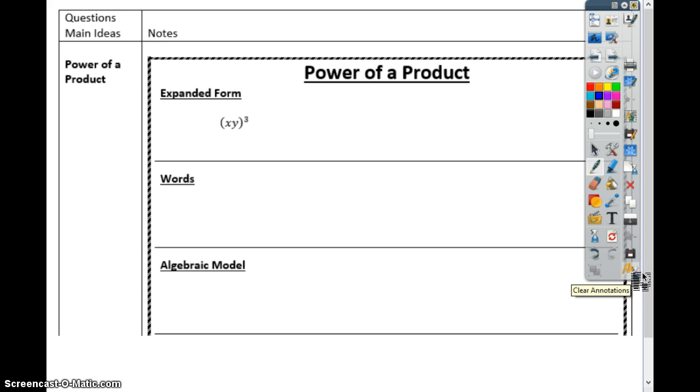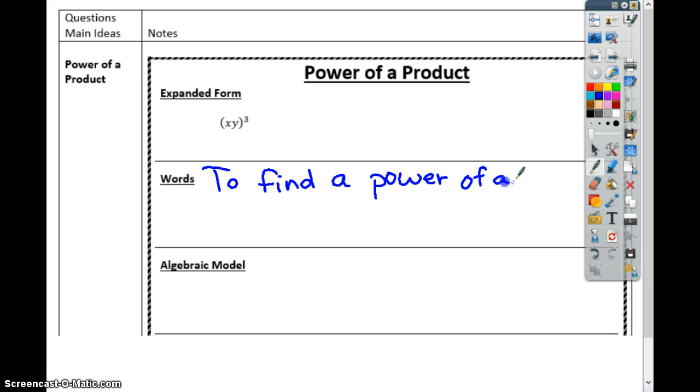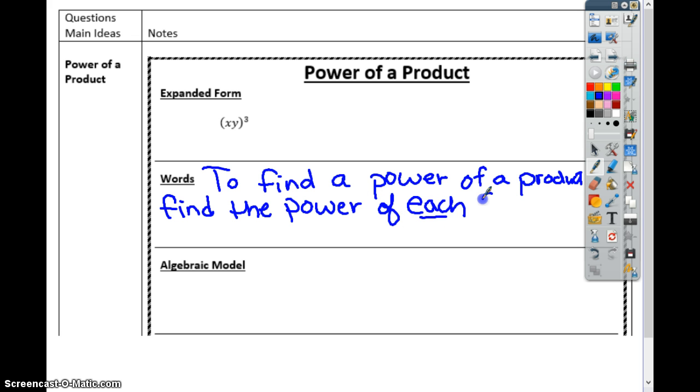Now, in words, the definition, when we're talking about a power of a product: to find a power of a product, you find the power of each factor, each one of each factor, and you multiply.